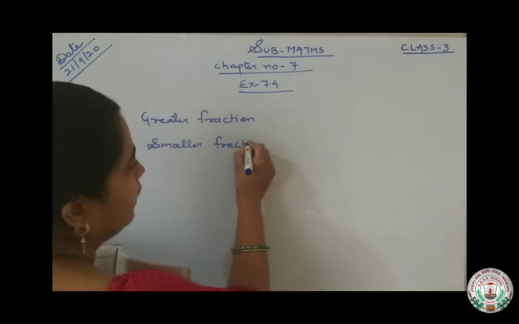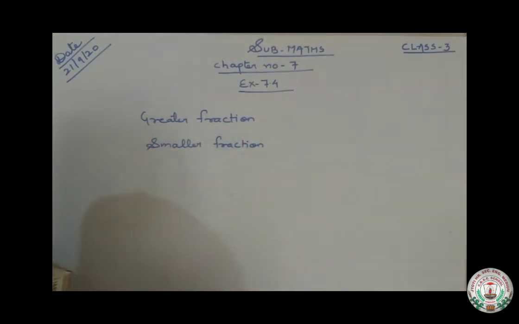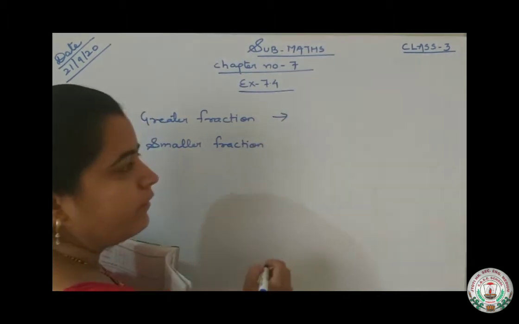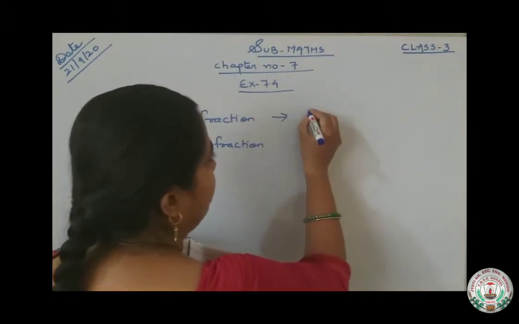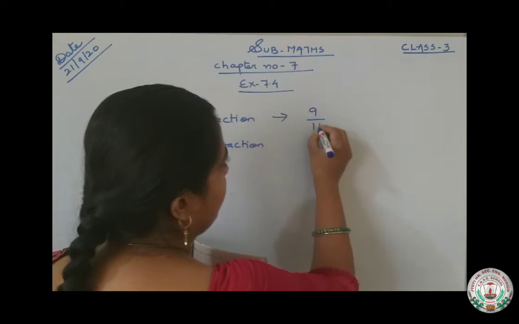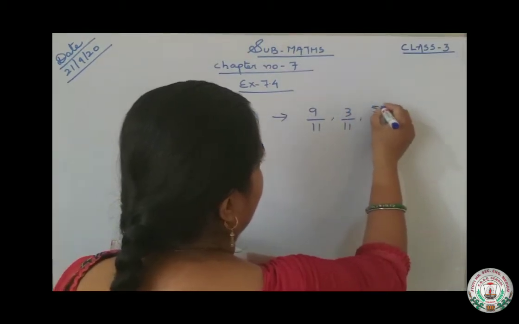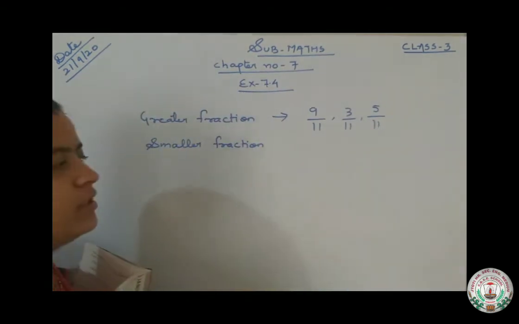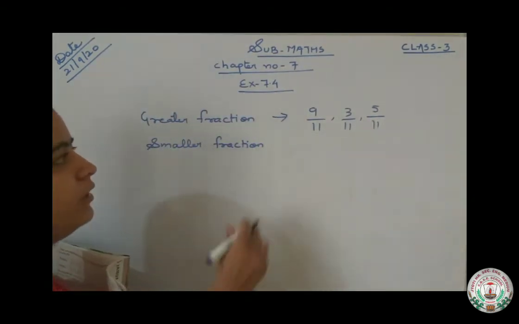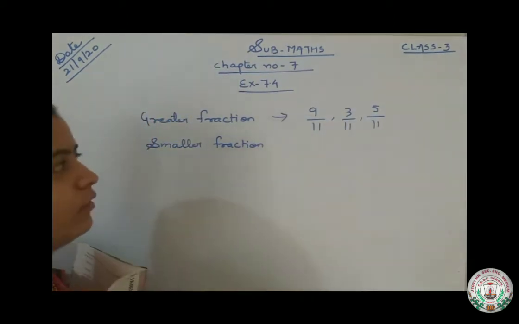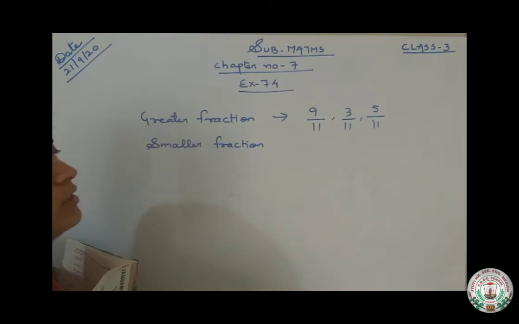See, what do you mean by greater fraction in that condition? Two conditions are there. First, we will learn about the greater fraction. If a fraction is having the same denominator, we will compare with our numerator which one is greater or smaller.